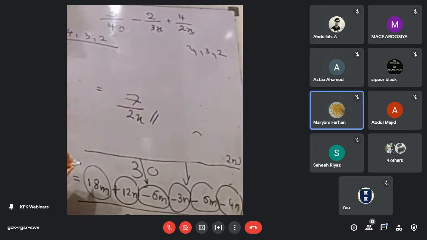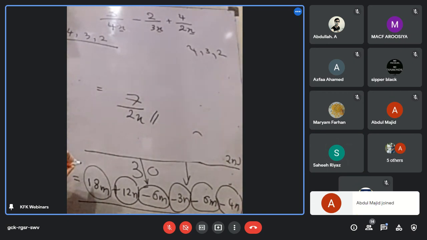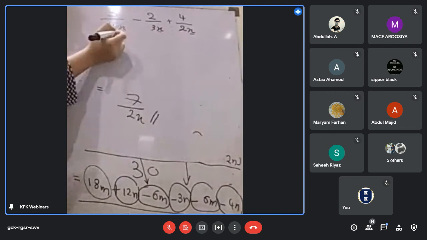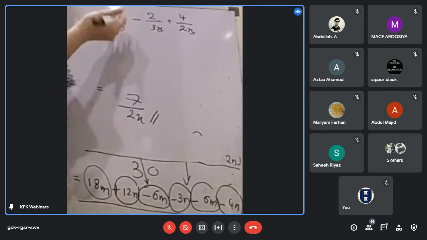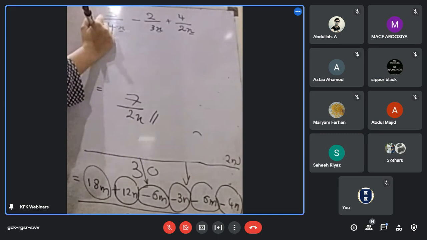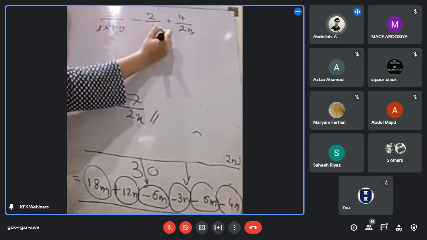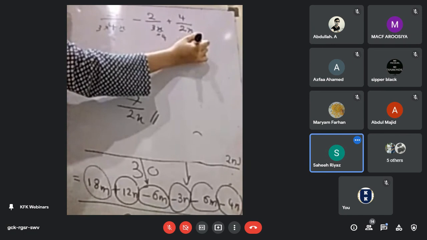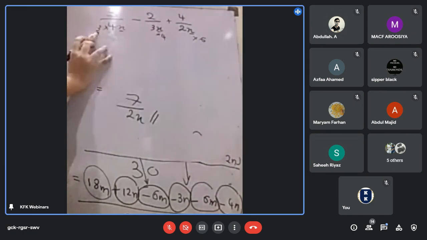12. Okay, so the LCM is 12. So what will you multiply 4x by to make it 12x? Multiply by 3. Here, 4. Here, 6. Will you multiply this by 3x?